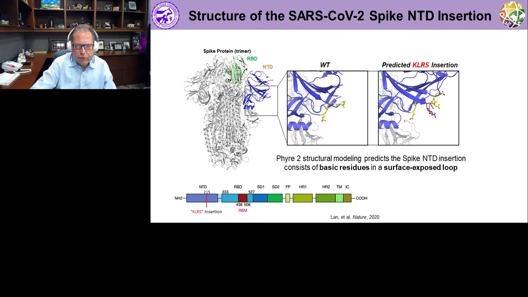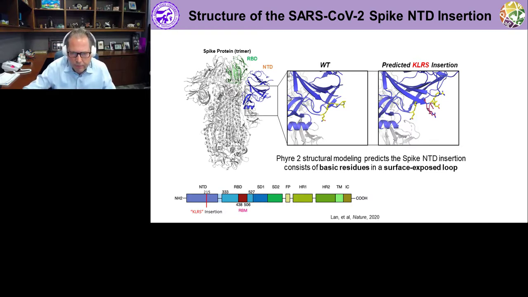When we looked at the structure of the spike protein and where this insertion is located, it is shown here. On the left, you see the spike, the trimer of the spike protein. In green, you see the receptor binding domain, and underneath in blue, the N-terminal domain. We then did structural modeling to predict what this insertion will look like.